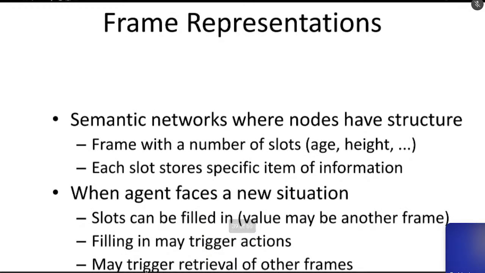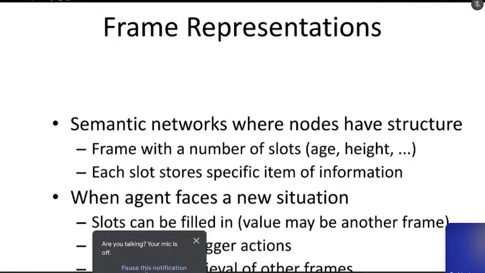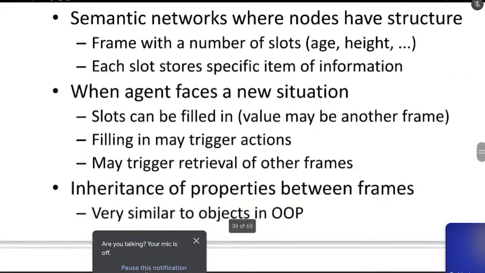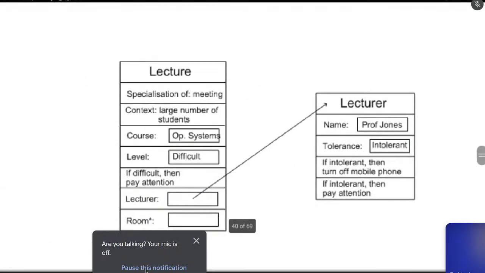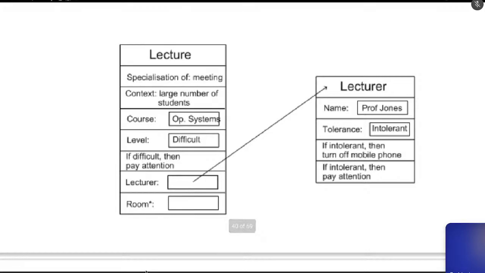Frame. So frame is the new thing here. After conceptual graphs, you have frames. If you look at an example, you'll understand. So you have a concept lecture, and then you are providing details about the lecture, some properties or any extra pieces of information. It's called frames because you have a big box here.